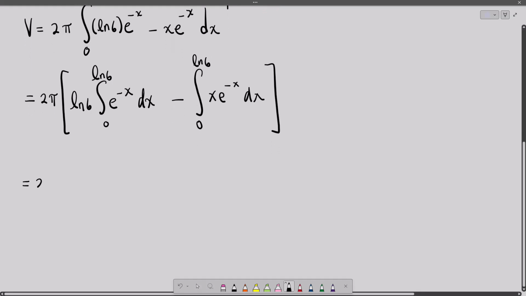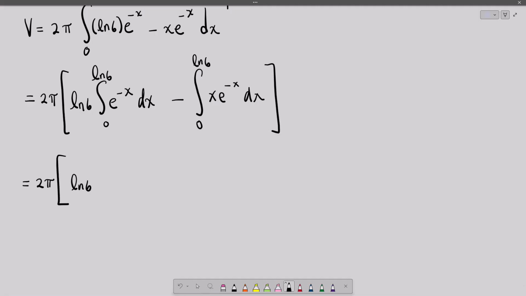So the first integral, no problem, right? It's got a linear exponent, it's an exponential, it's just reverse chain rule. So e to the negative x divided by negative 1. That's the RCR. That gets evaluated on the interval 0 to natural log of 6. Now, here we have a product.